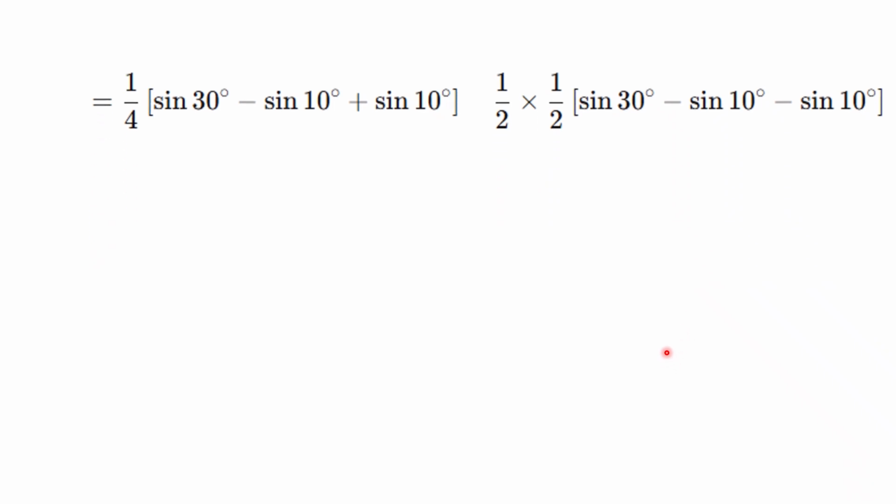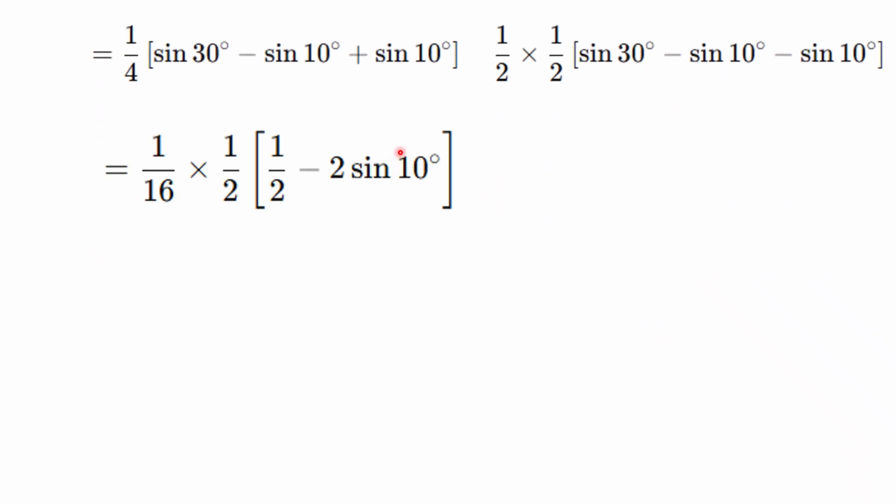So we will simplify term by term. We have 1 by 16 into 1 by 2, that is 1 by 4 into 1 by 2 into 1 by 2, we have 1 by 16 here, and sin 30 is 1 by 2, minus sin 10 plus sin 10 is eliminated.